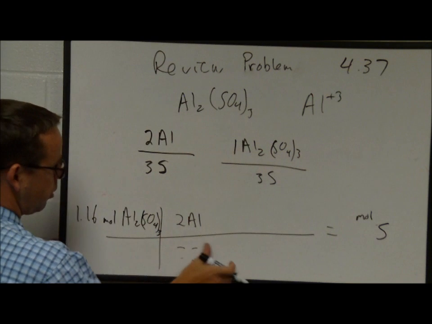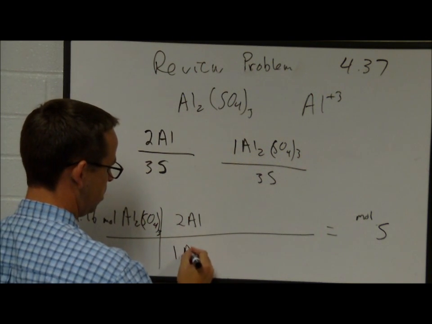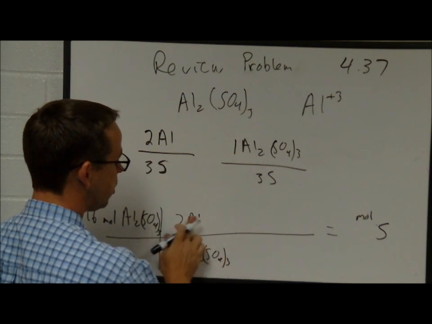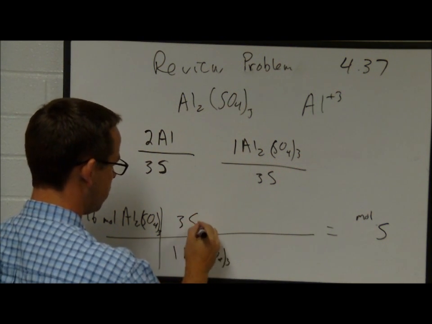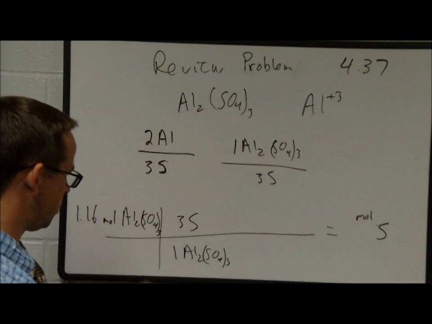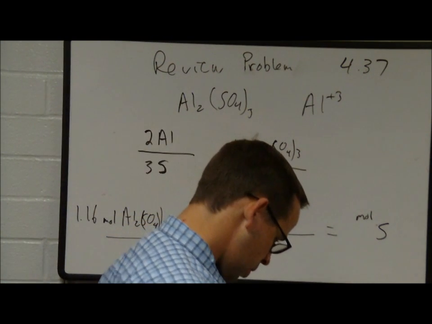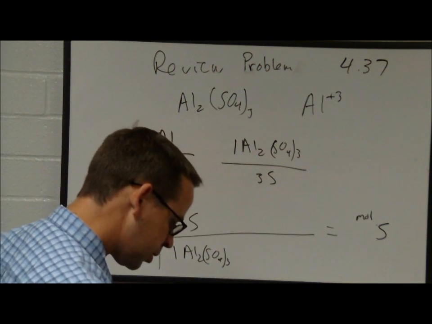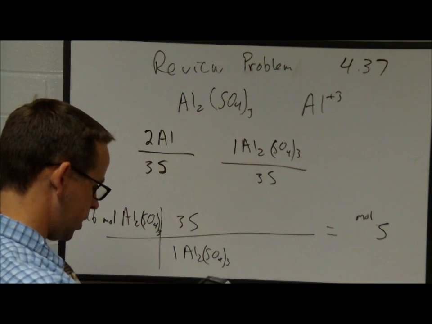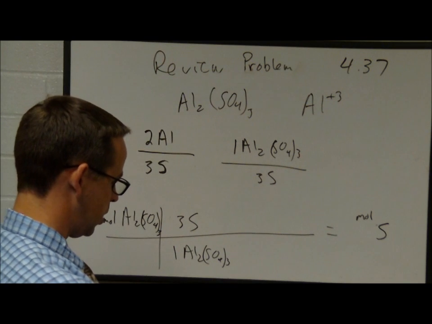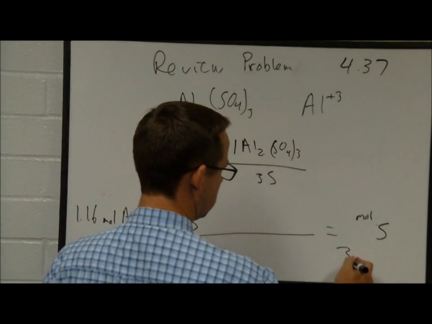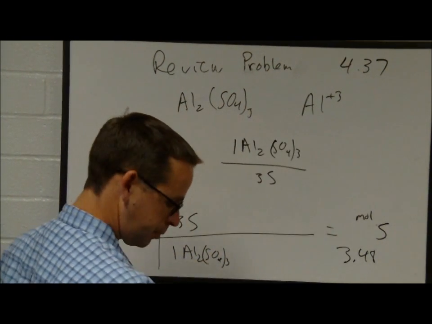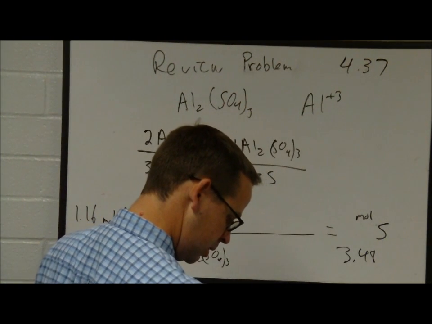Well, for every 1 mole of aluminum sulfate, we have 3 sulfurs. Therefore, it's 1.16 times 3, right? How many moles of sulfur are in 1.16 moles of aluminum sulfate? So 1.16 times 3 is 3.48 moles of sulfur. All right, that's 437 A through D.